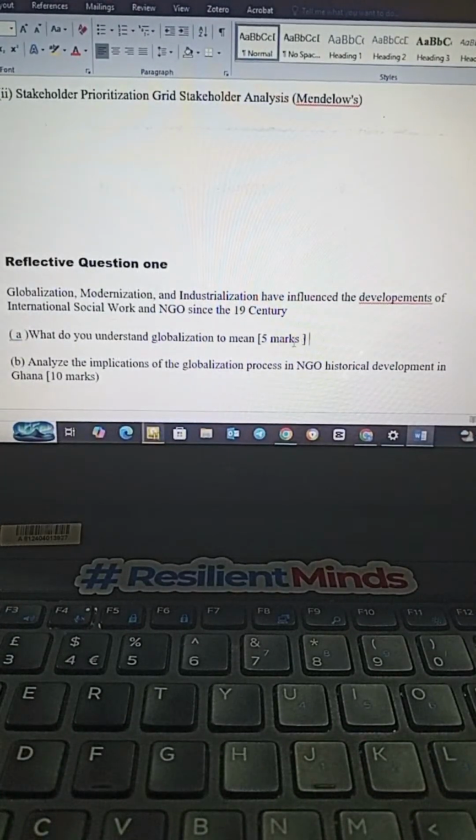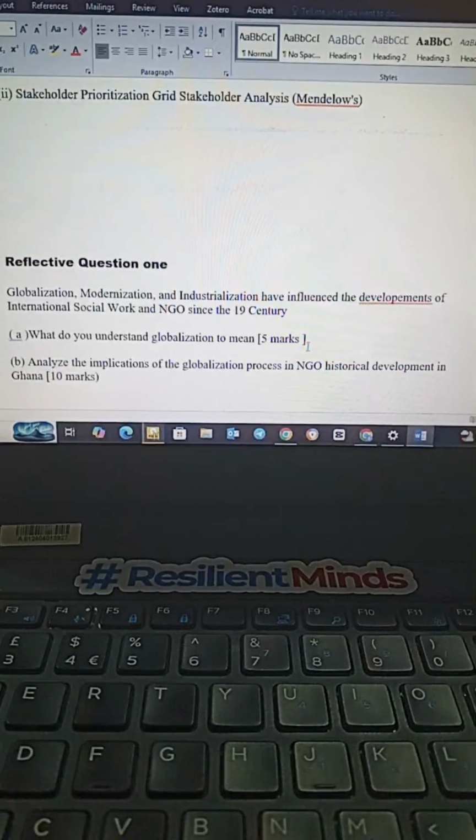So when you explain globalization, you need to add examples. Maybe exchange of goods and services, technology, human capital, social capital. These are all examples of globalization. Now let's look at MTN.